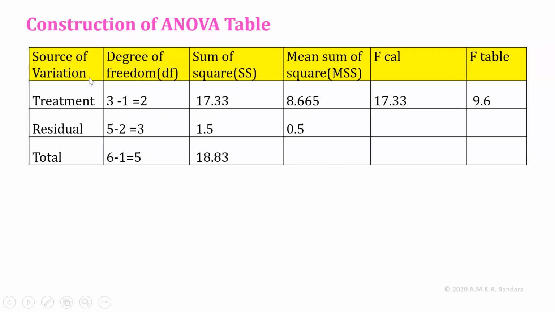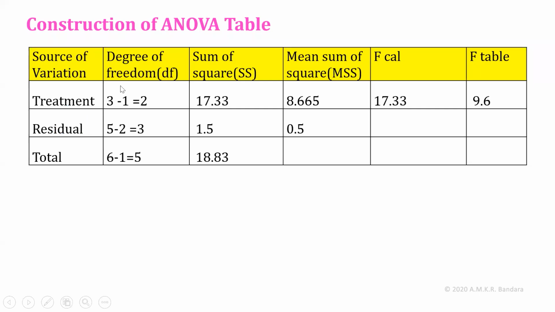Here, under the source of variation, since this is a CRD design, total variability breaks into two, that is treatment variability and residual variability.